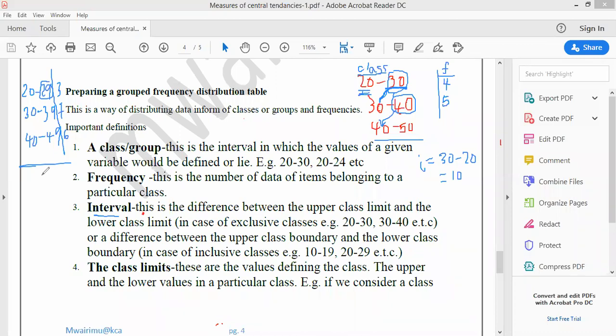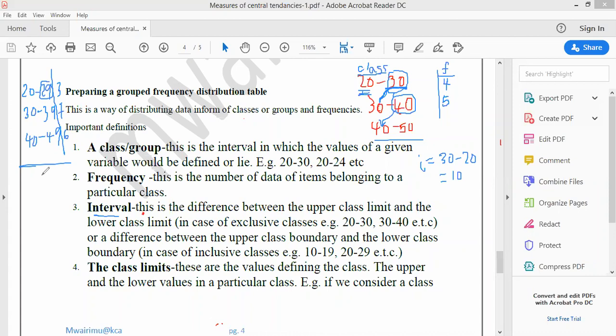Class boundaries are usually the true mathematical variables that we normally use in the calculation of the median as well as the modal variable, and in the construction of the histogram. Such boundaries are the ones that we go for.